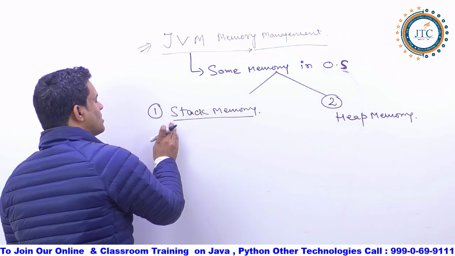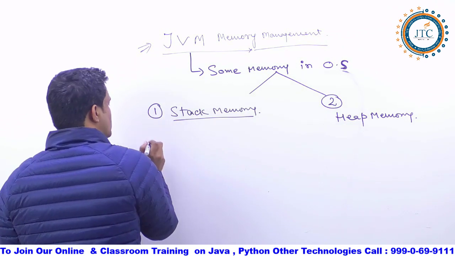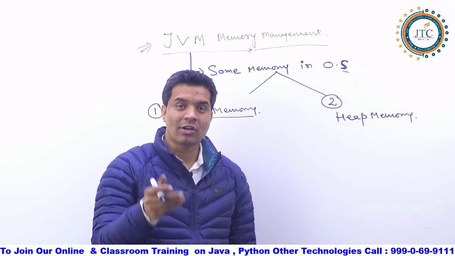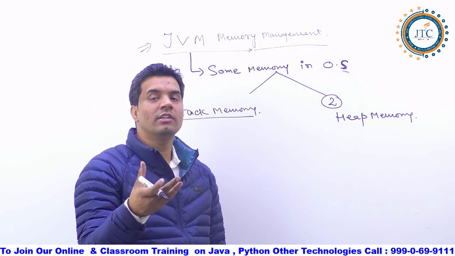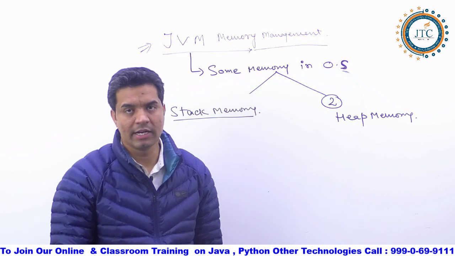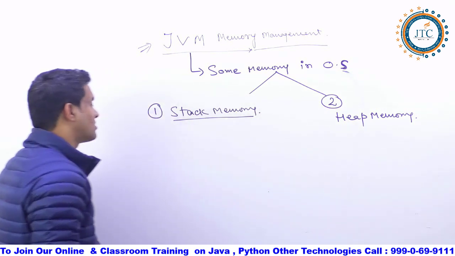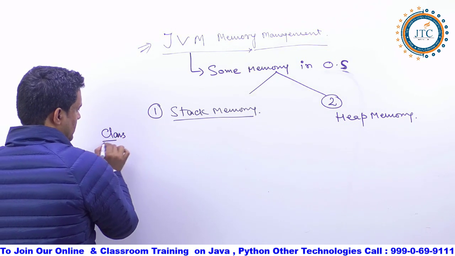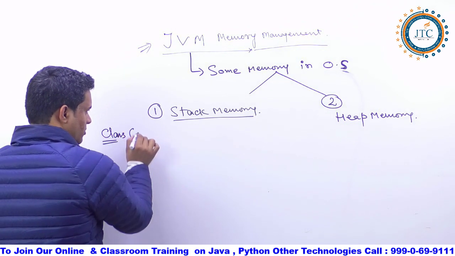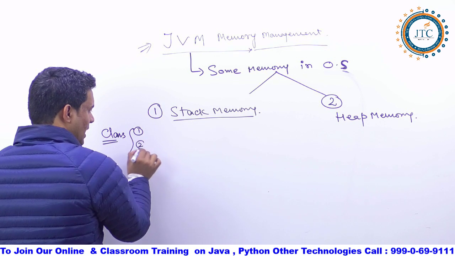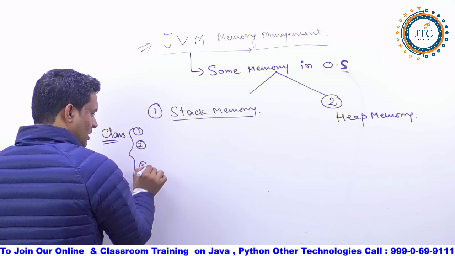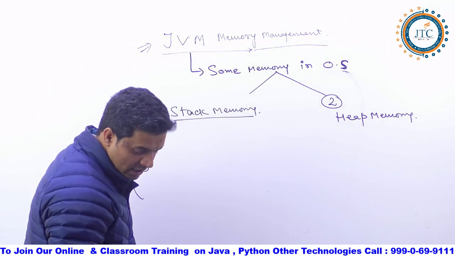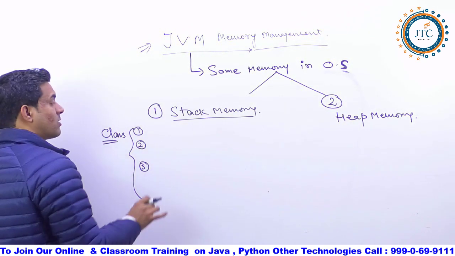Now after this, next what it is going to do is that your class will be loaded into the stack memory. Now, when I'm talking about your class, this class contains many categorical members inside it. What are those members?